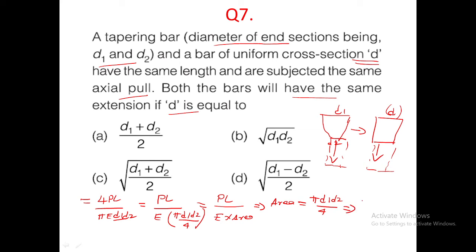For the same section, pi D square by 4 equals pi D1 D2 by 4, so D square is equal to D1 D2, meaning D is the root of D1 D2. The answer is B.